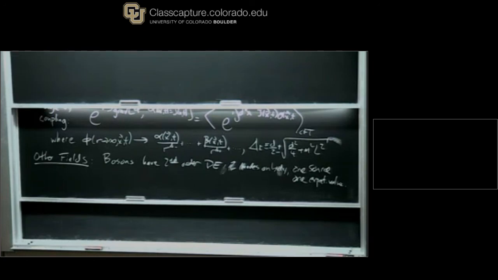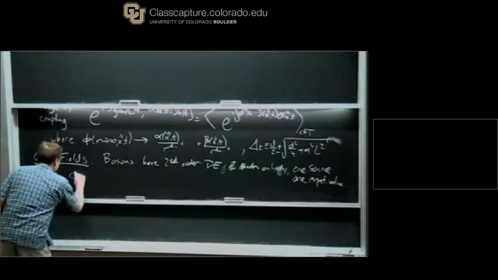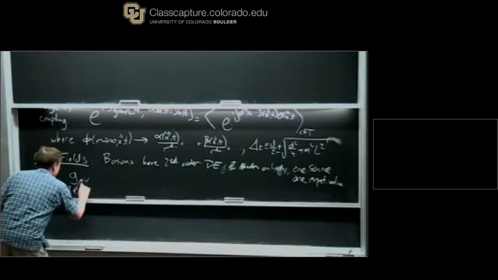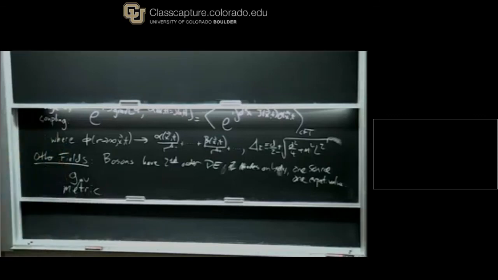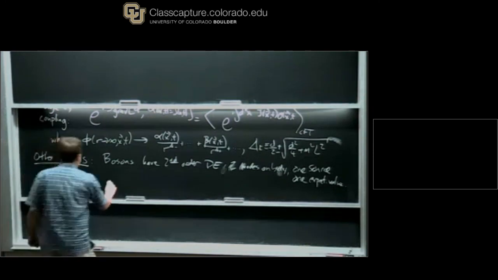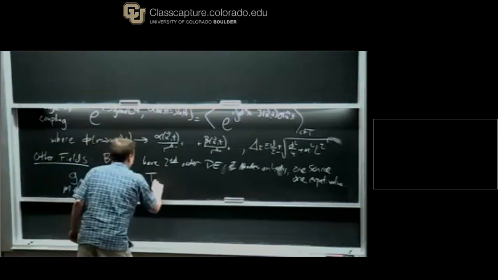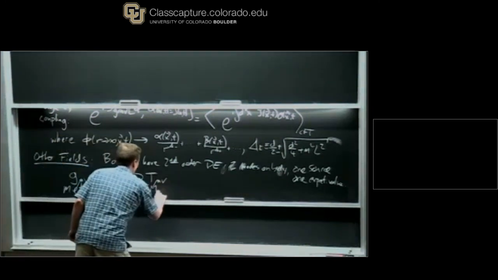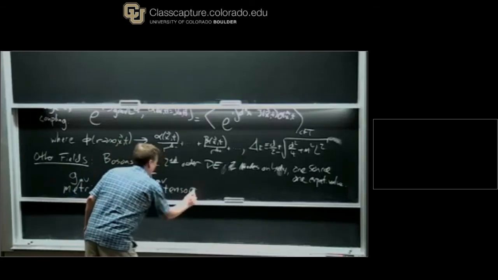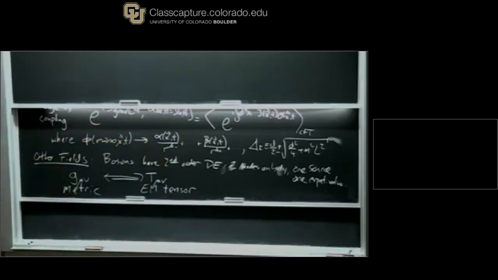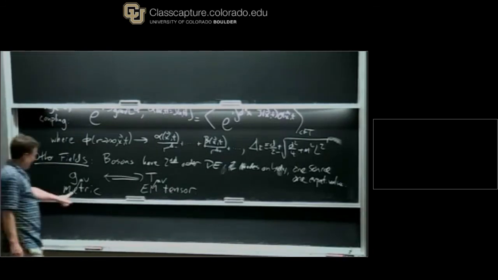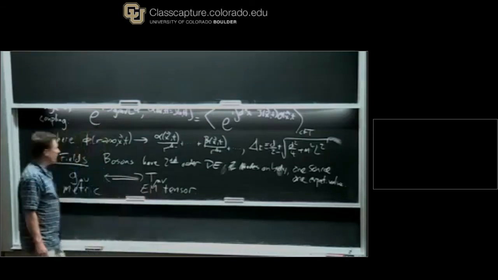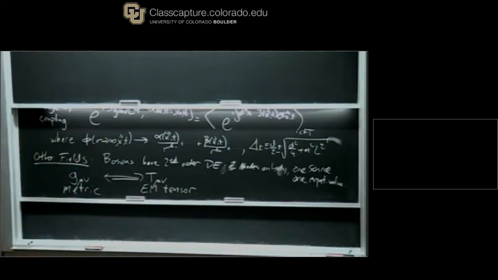The story just looks a little different because they have first-order differential equations, but they make up for it by having extra components. But the two that we want to mention: we have gravity, so we always have a metric. So we ought to have something on the field theory side that we also always have, and that something is the energy momentum tensor. The behavior of the metric near the boundary, which I won't write down in any detail, contains the expectation value of the energy momentum tensor, but also the source for the energy momentum tensor.